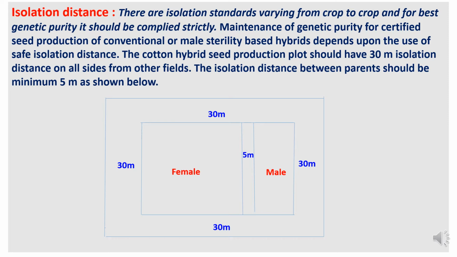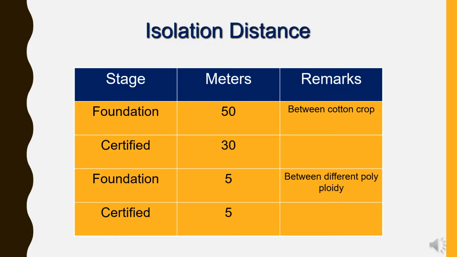The isolation distance between two parents, male and female, should be minimum 5 meters. The isolation distance within parents is followed to avoid any admixture while pollen collection, crossing or picking. So the boundary side of the total crop should have 30 meters isolation distance from other cotton fields, and within parents it should be 5 meters.